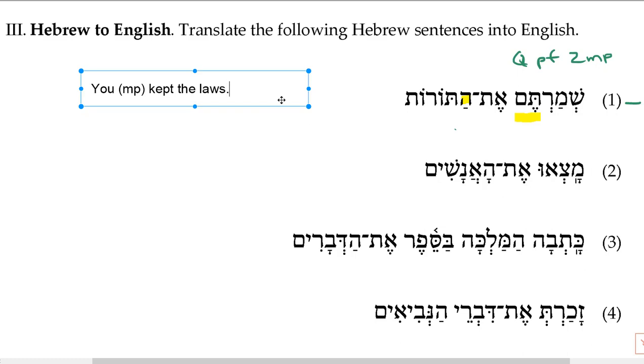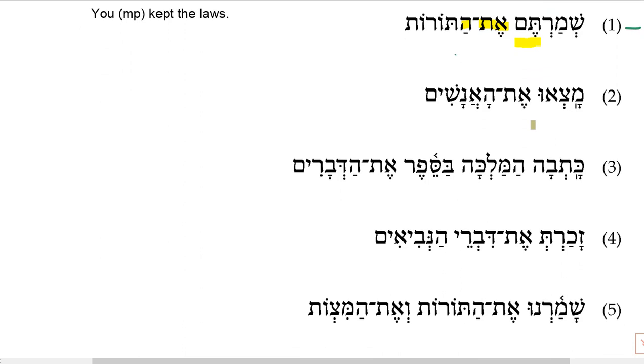Okay, relatively simple sentence, but it illustrates, oh, and I should mention too that the et here, again, is the direct object marker. So it is indicating that hatorot is the direct object of our verb, shemartem. Okay, the second one is very similar.